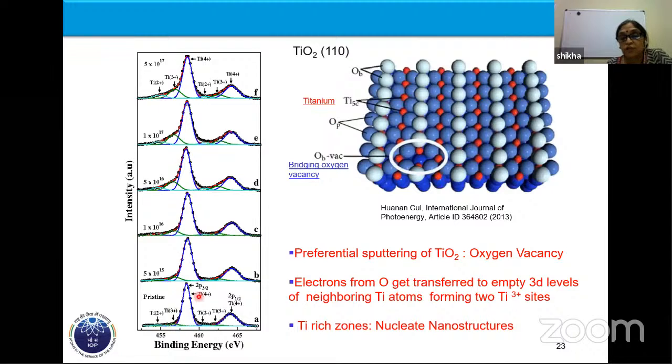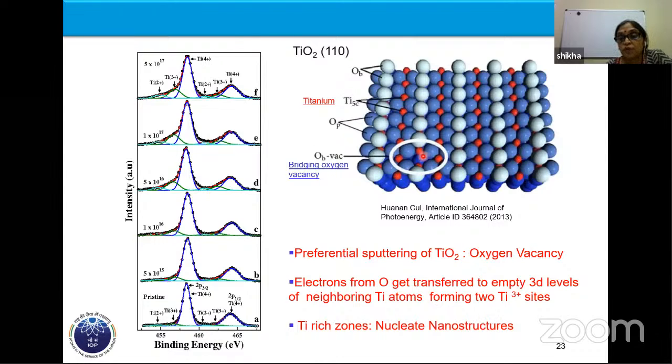For example, this is from the clean surface, but as we start irradiating them with increasing numbers of ions per centimeter square, we see the generation of oxygen vacancies. Once you knock out oxygen from the surface, it becomes rich in titanium, and titanium nanodots can be produced.